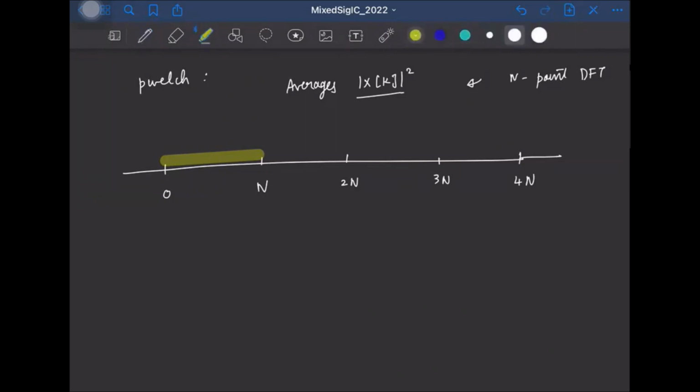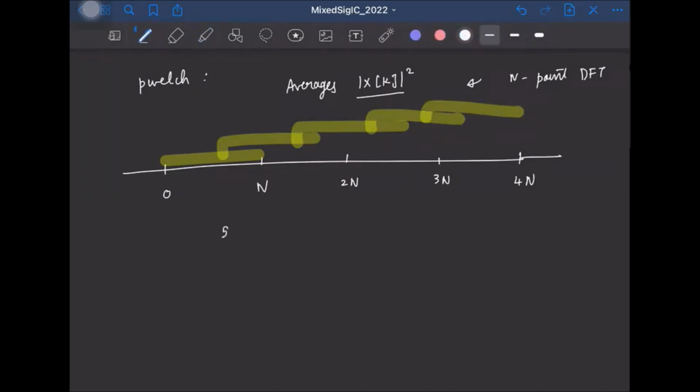We can choose the second segment by overlapping some samples from this. So we can take the second segment like this, third like this, fourth like this, fifth like this. In this way, we can get 5 different segments. For each segment, you can compute mod X of k squared by N, and you can take the average of all of them to get the PSD. This process can be done in MATLAB using the command pwelch.